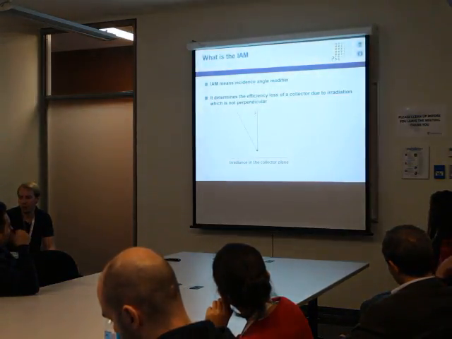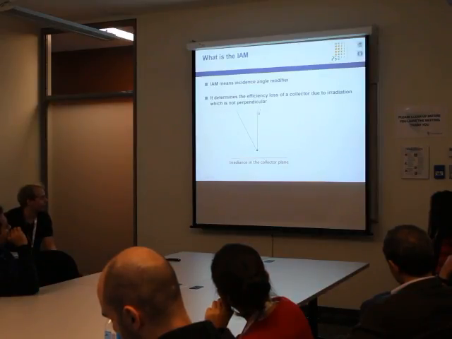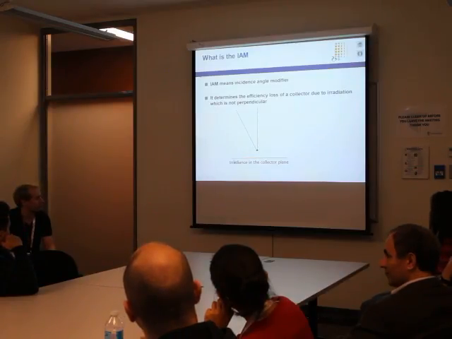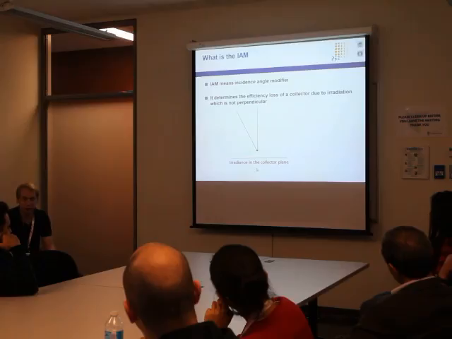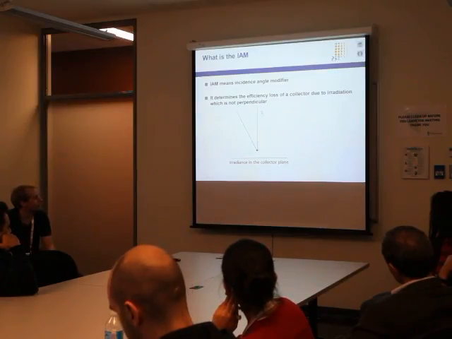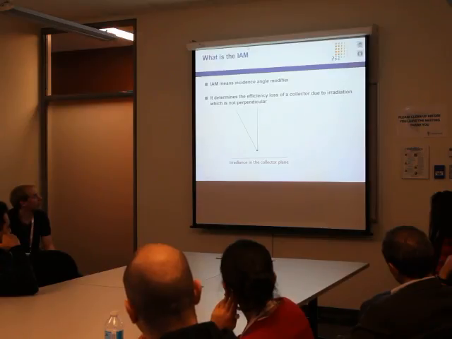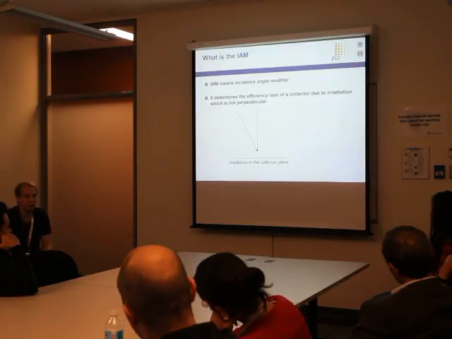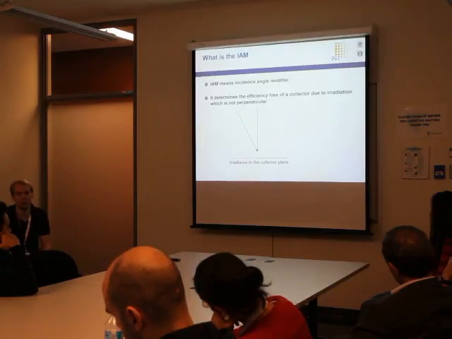What we compare all of our measurement results with at the moment is light coming perpendicular to the collector. That would be the collector plane, and this would be the irradiance.